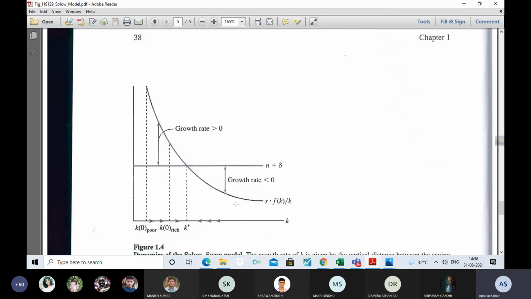So the initial value would be the initial value of capital per unit of effective labor, and the growth rate would be the growth rate of capital per unit of effective labor, small k hat dot by small k hat.